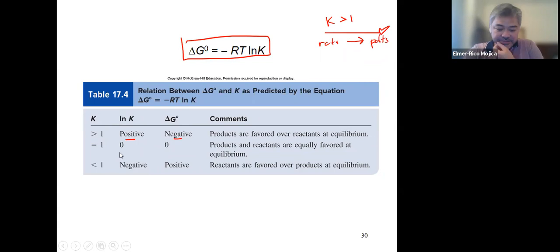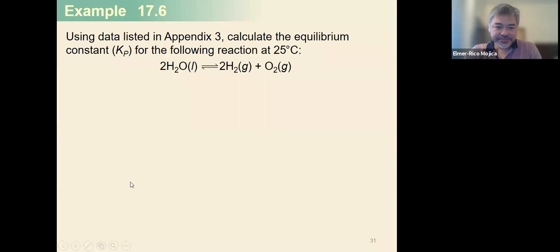Let's look at an example here. Using the data listed in Appendix 3, which I'm going to provide to you, calculate the equilibrium constant for the following reaction. This is in terms of delta G. This is 0, this is 0, and water would have negative 237.2. So what's delta G here?